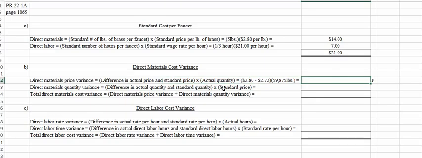Okay, and we know this one's going to, like I said, I always make this part come out positive so that doesn't confuse me. I just look and see, is our actual price lower than the standard? If so, like in this case, it's going to be favorable. If not, it's going to be unfavorable. Okay, so here we've got, what is that, 0.08 or 8 cents, times 59,875.